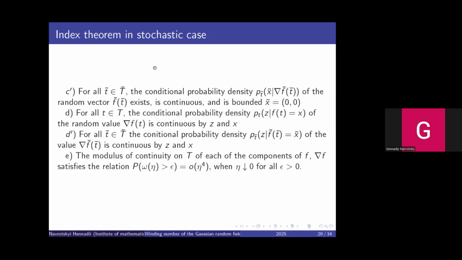So the expectation meta theorem allows us to calculate the expectation of N_u for t, which is just the number of points t such that f of t equals u, and g of t is equal to v.